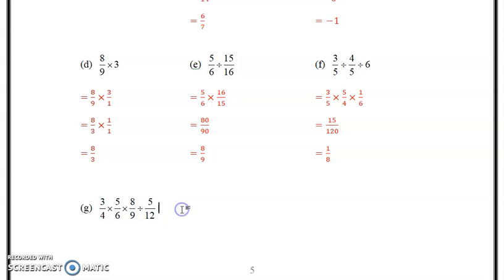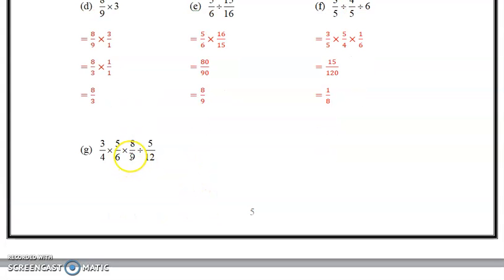I'm going to go horizontal with this one just because I ran out of room here. So I'm going to go horizontal, which is fine. So we got 3/4 multiplied by 5/6 multiplied by 8/9, and then the last one is division.